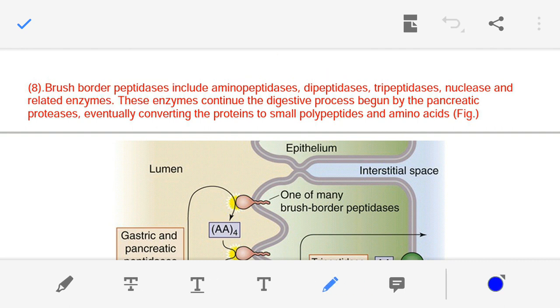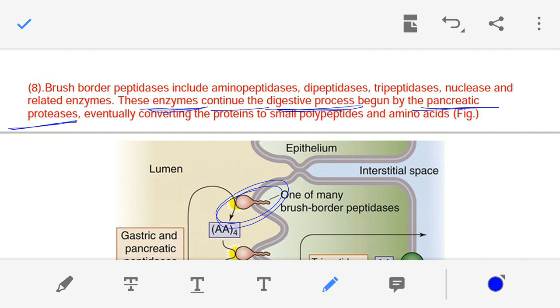Now, what are these enzymes doing? What role are they playing? These enzymes continue the digestive process which has begun by the pancreatic proteases.